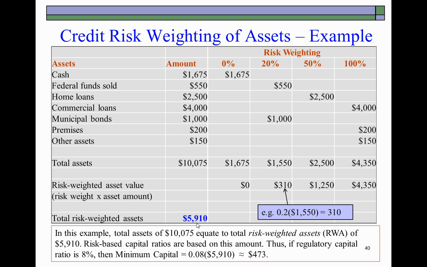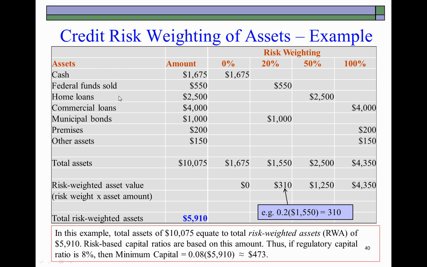But before we get to market risk, here's a general example of how the credit risk weighting of assets under Basel recommendation goes. So let's consider a simple case where a bank's assets are in these forms. The bank has cash of $1675, federal funds sold of $550. Federal funds sold is actually interbank loans, loans made to another bank or other banks.